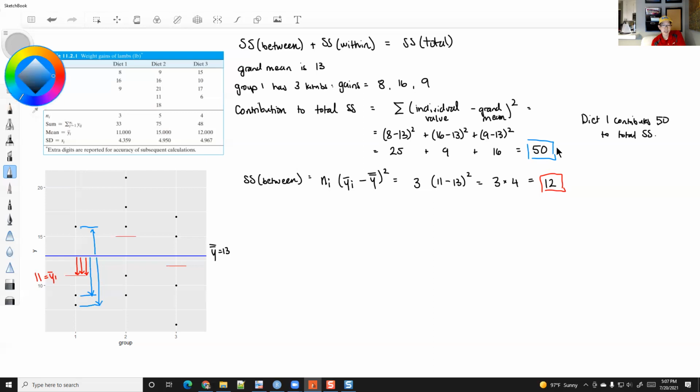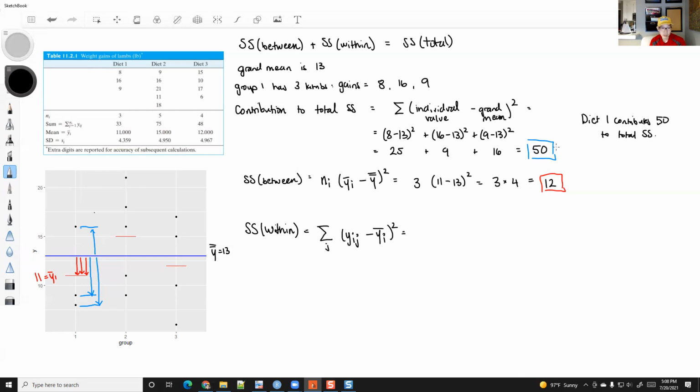That's the total sum of squares, and then we've got the sum of squares within. We're asking how different is each individual from its own group, because the individuals end up being different from their own group. So within the group, we take each individual value, subtract the group mean, square it, and add this up for all individuals.